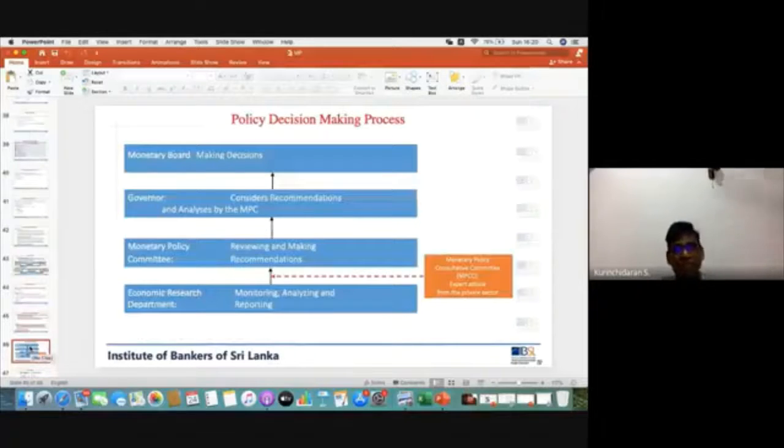How does the central bank make the decision, right? So you can see, bottom to top, there's a department called the Economic Research Department. They monitor, analyze, and report all these economic activities within the country and all these macroeconomic variables, and if there's an imbalance, they get all this information.